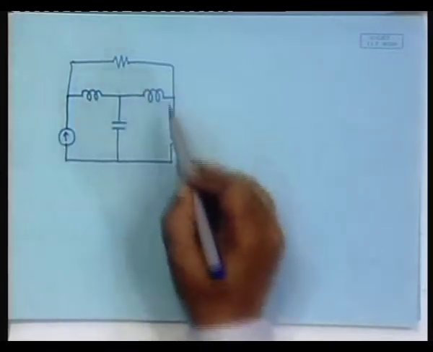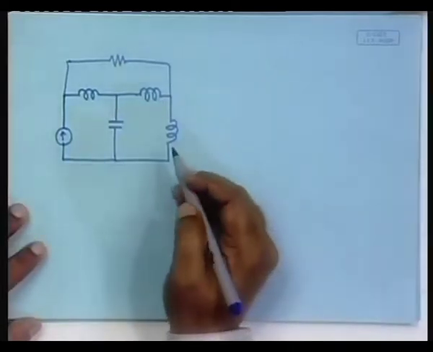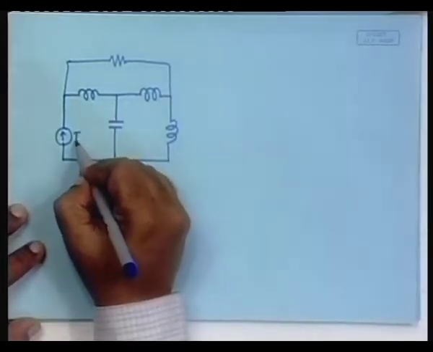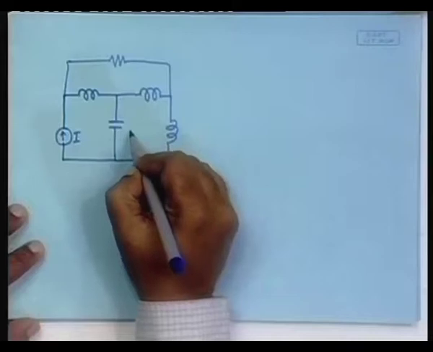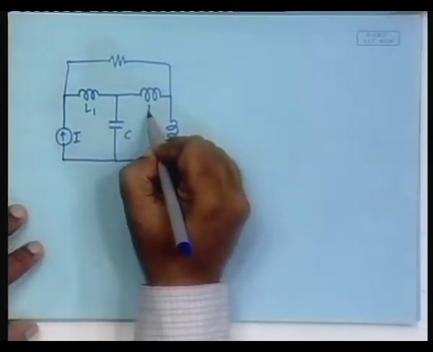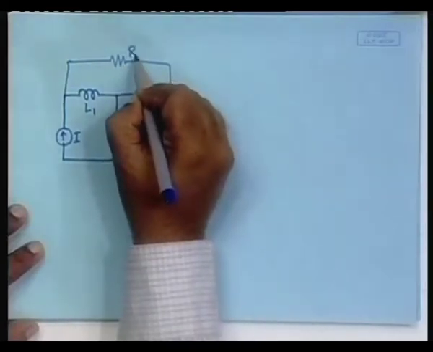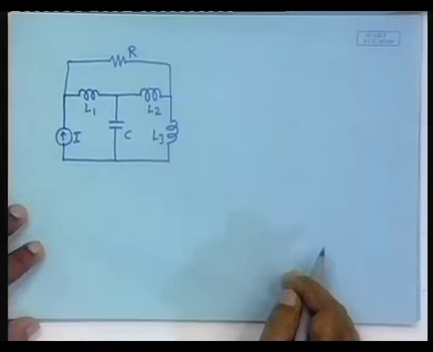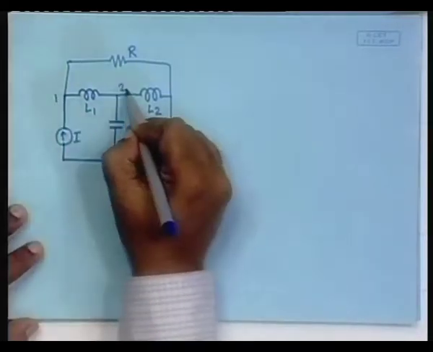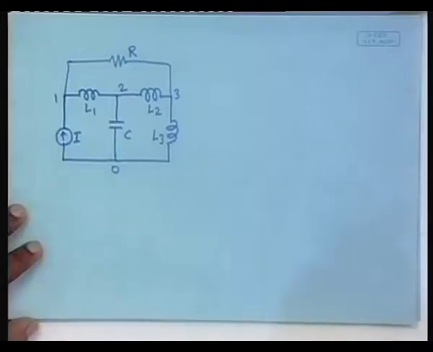So far we have not solved a problem with a current source, so let us do this. So this is the externally applied current I, and here you have the C, here you have L1, L2 and L3, here is your R. So 1, 2, 3, 0. Its graph is obviously the same.